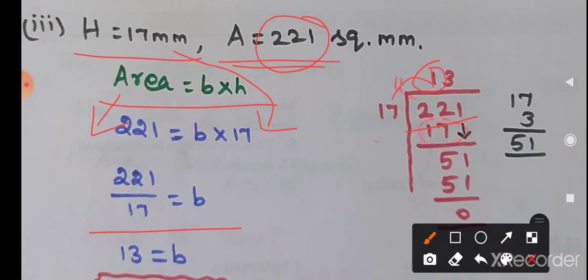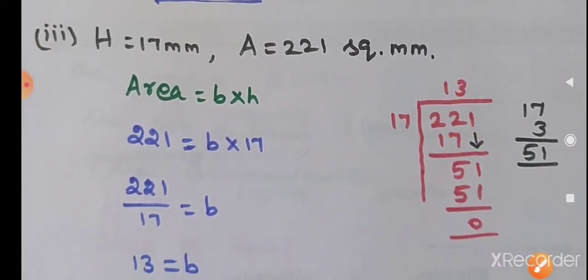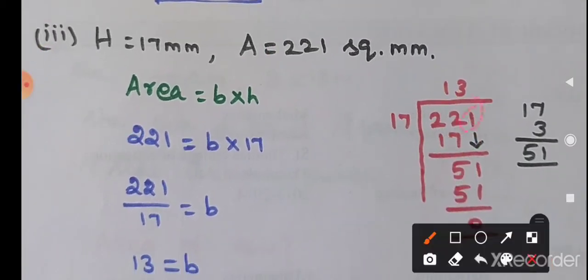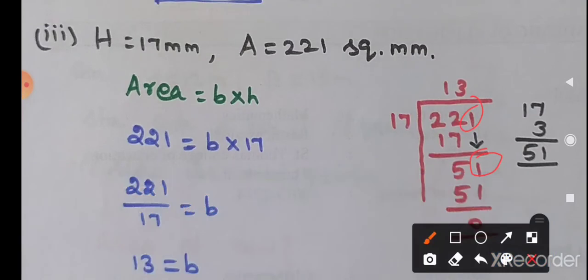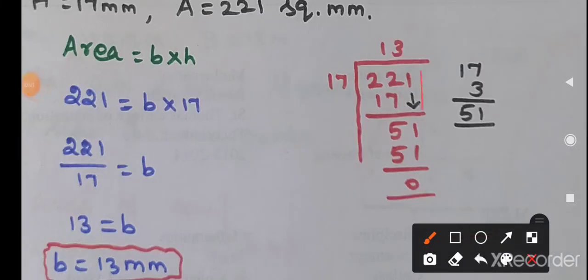Then I put 5, and this one is coming here.